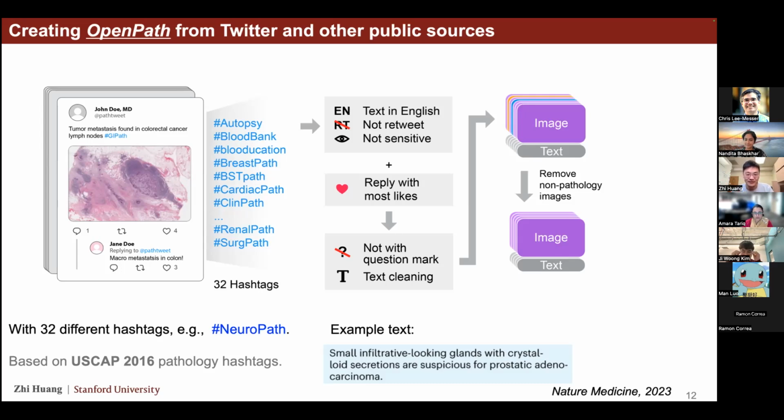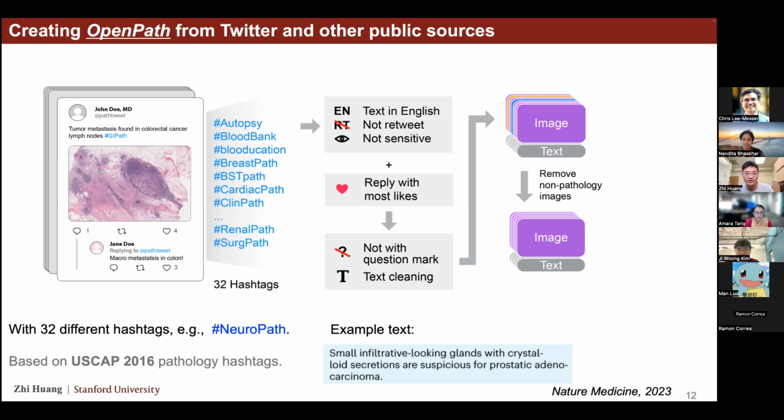It's a really important task. But here we are not gonna do such magnification analysis or cleaning, just because our purpose is to create a foundation model to contain as much pathology medical knowledge as possible.